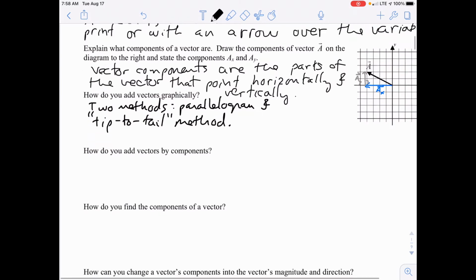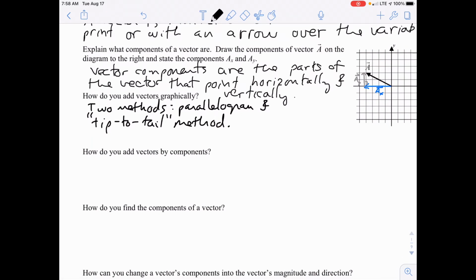Okay, now how do we add vectors by components? Well, to add vectors by components, you add the horizontal and vertical components separately.